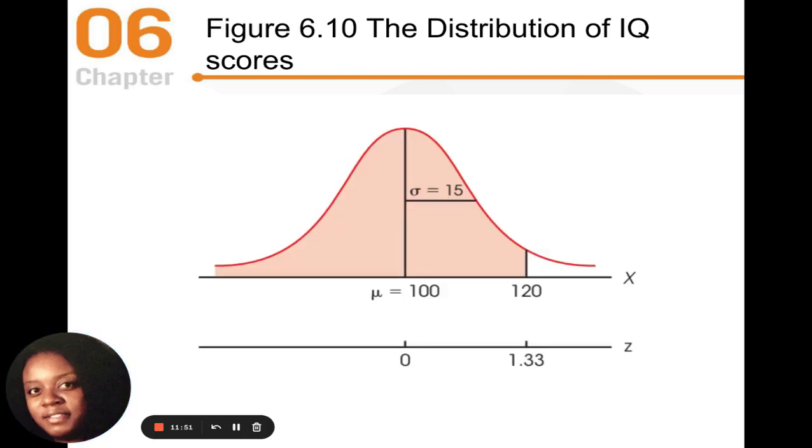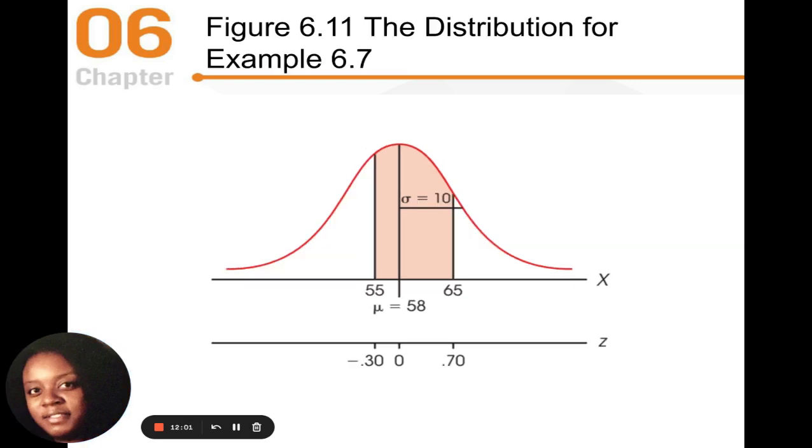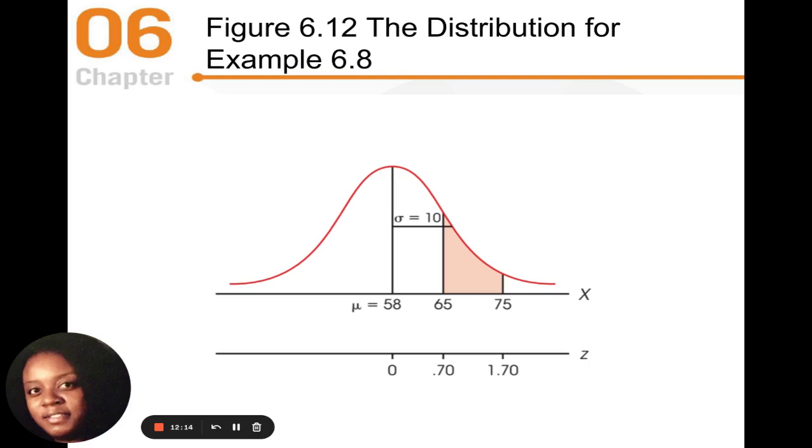So here's figure 6.10, which shows the distribution of IQ scores. Here's 6.11, which shows the distribution for example 6.7. And here's the distribution for example 6.8.